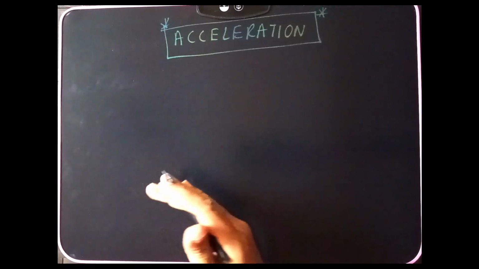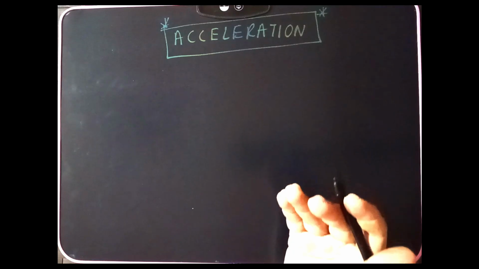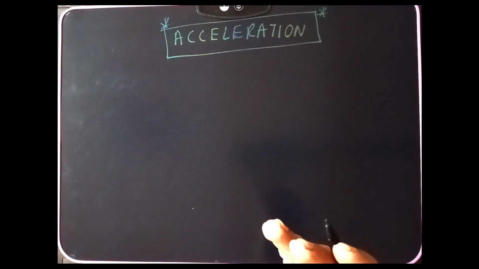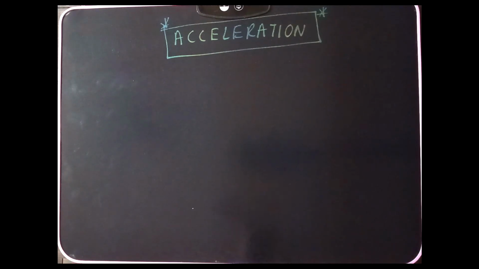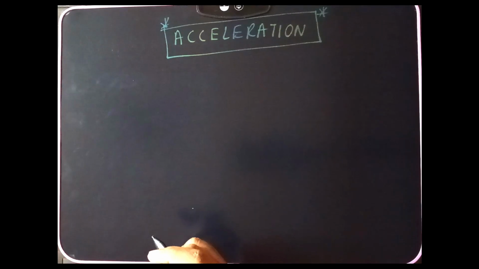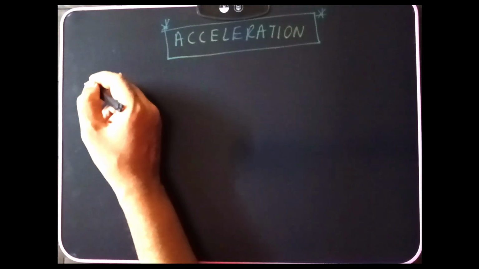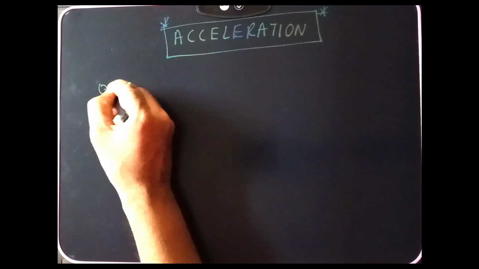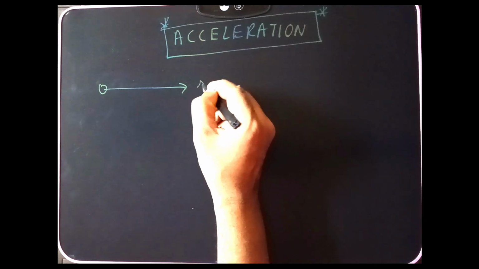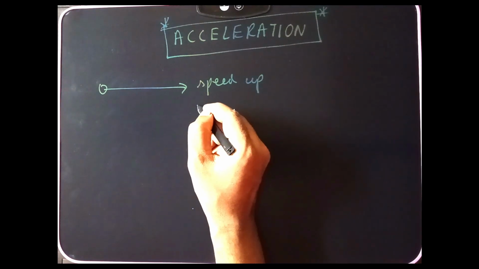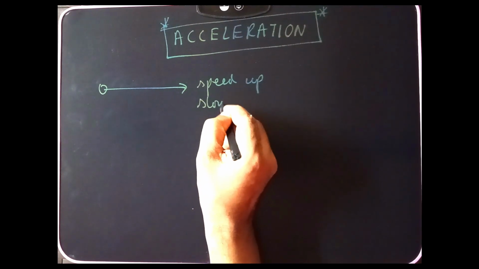So we have seen speed, average speed, instantaneous speed, we have also looked at velocity, average velocity, instantaneous velocity, we have seen the formulas of all this, and now we are going to talk about acceleration. We know that if an object is moving, it can either speed up or it can slow down.